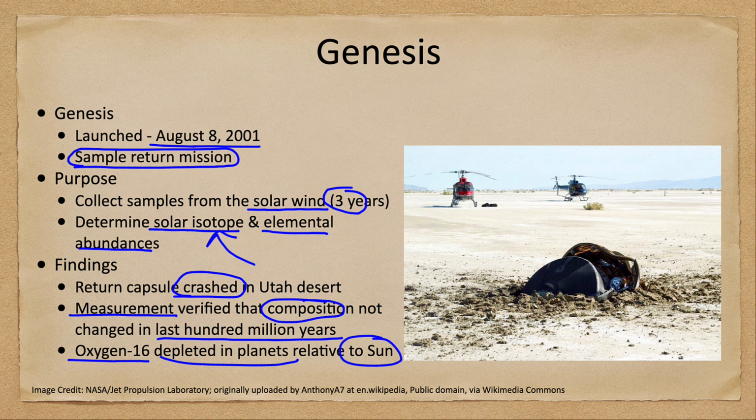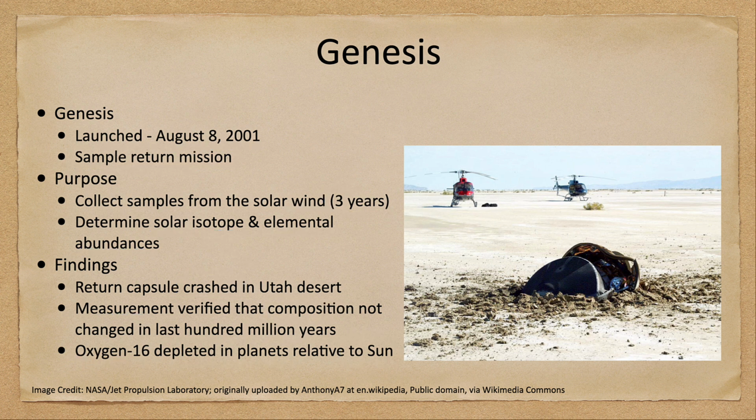That's what we would hope to find. So we're finding pristine samples of material that would have been the stuff that made up the planets originally. So then the question would be, what has caused oxygen-16 to be depleted in the planets as compared to our sun?